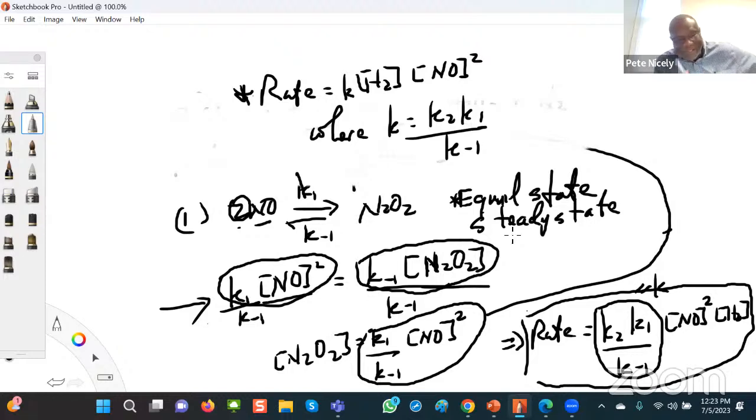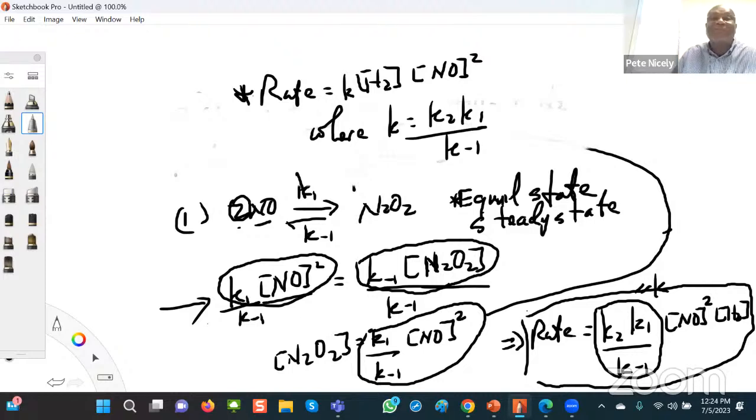But to answer your question, at least theoretically, yes. If there was a coefficient of 3 in front of the NO, then you'd have to raise the concentration of NO to the 3rd power. Okay, thank you so much. All right. Any other questions about this particular question?